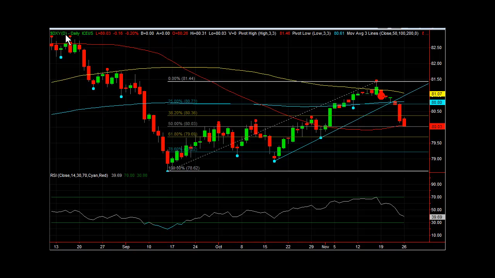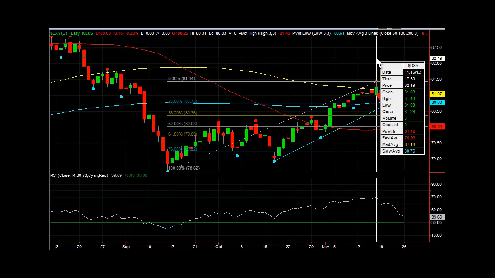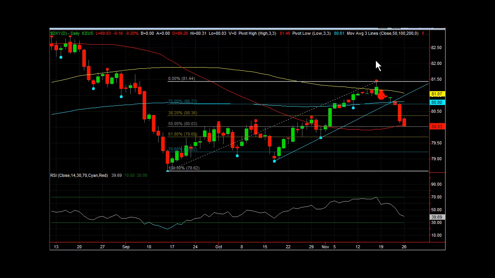Now I also want to point out, here's the U.S. Dollar Index, and you can see that the dollar index topped out on the 16th. This was the exact day that the equity markets bottomed out. So it's totally correlated, an inverse correlation. So as the dollar goes down, this makes equities, especially U.S. equities, more valuable, or makes them cost less. So it makes more demand, and you get the bids coming in.